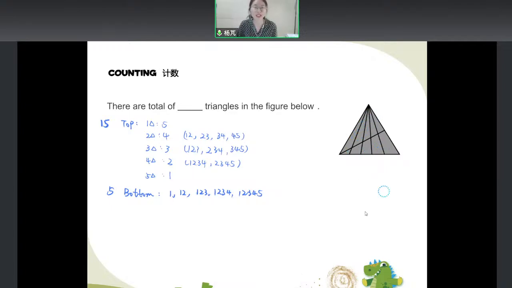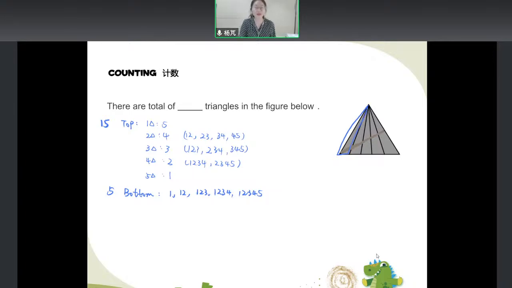The problem is coming. There are two layers. If we put these 2 layers together and I take away this line, we will find that you have a new triangle.